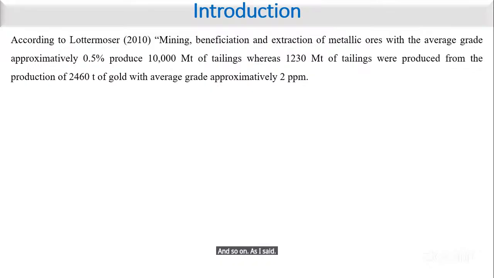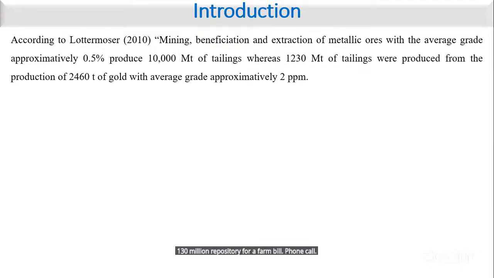Mining and mineral processing produce millions of tons of tailings. Ten millions of tons of tailings were produced, whereas 230 millions were produced from gold.